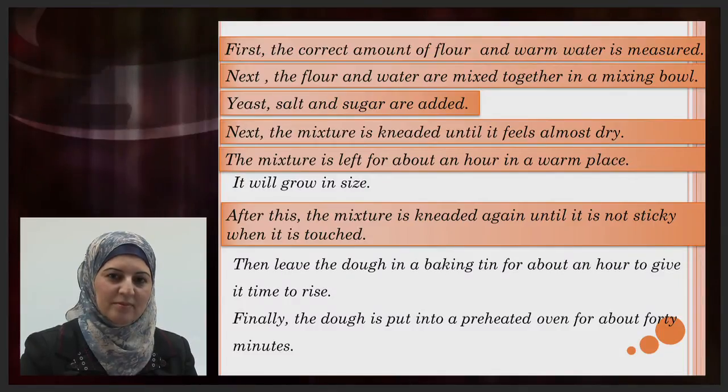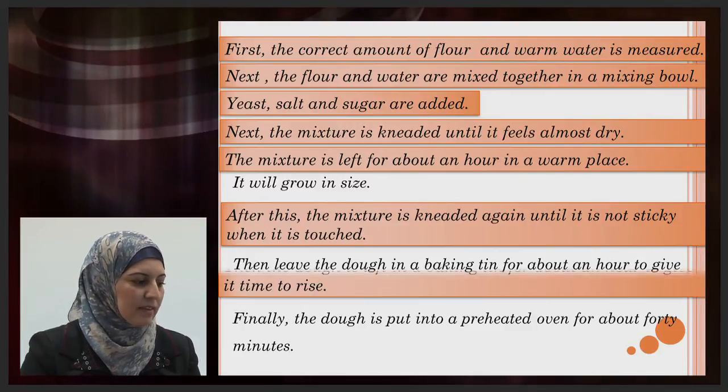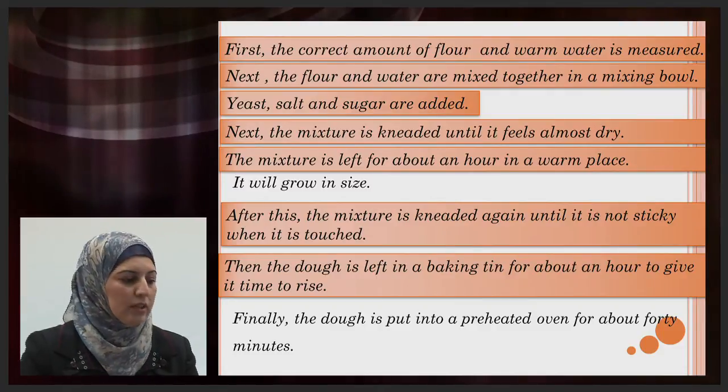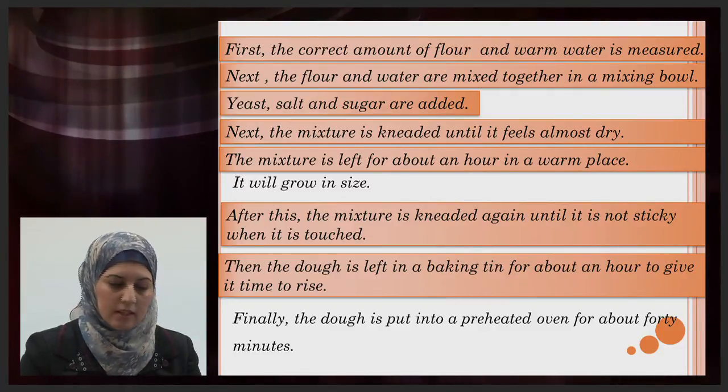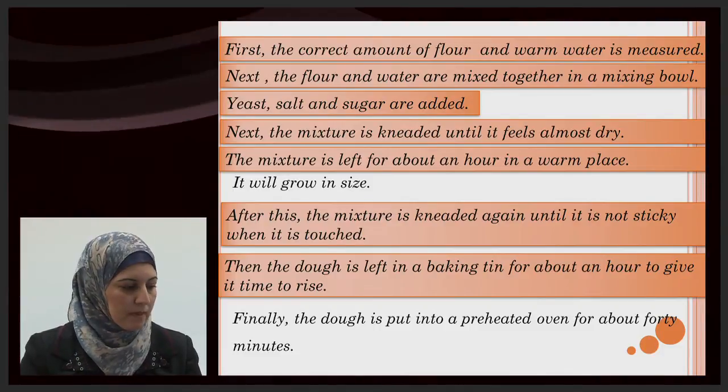Now, then leave the dough in a baking tin for about an hour to give it time to rise. So you may say, then the dough is left in a baking tin for about an hour to give it time to rise.